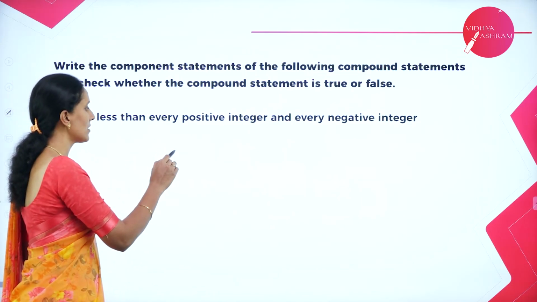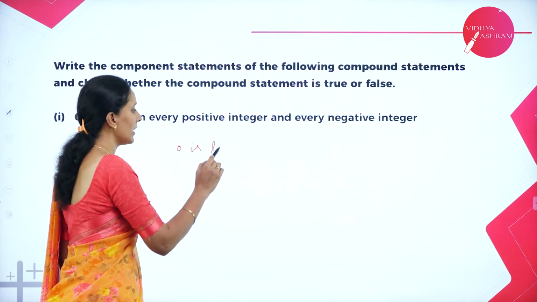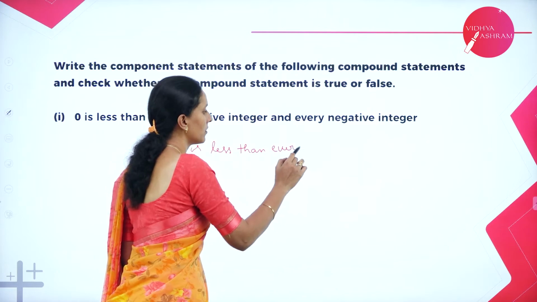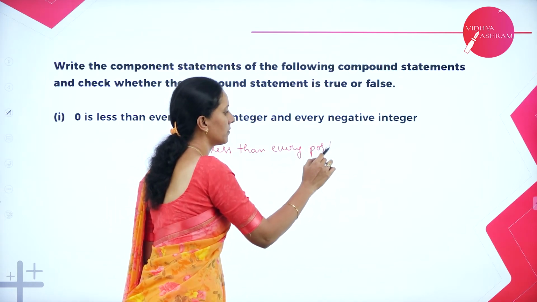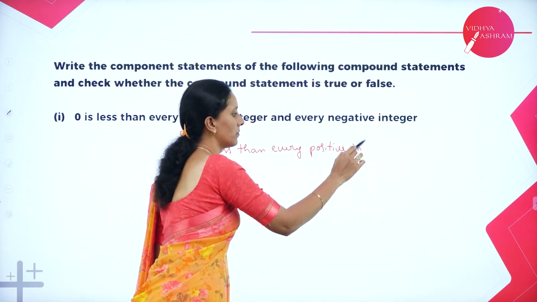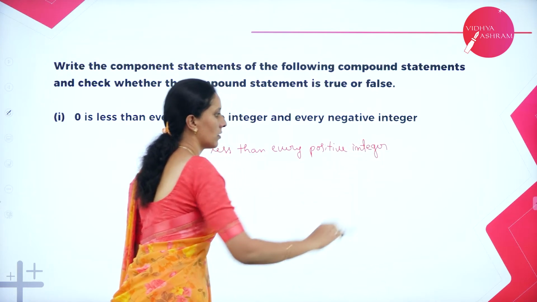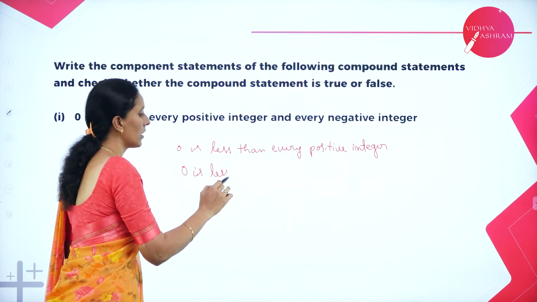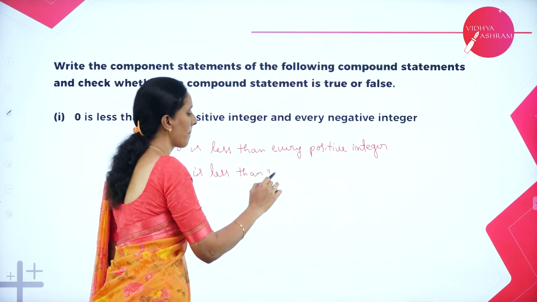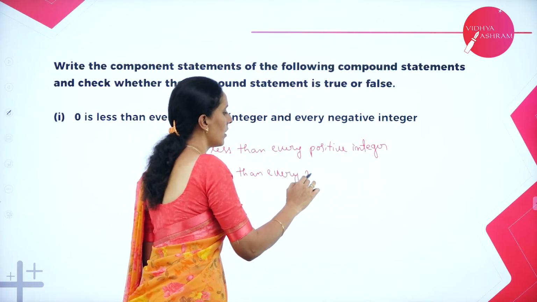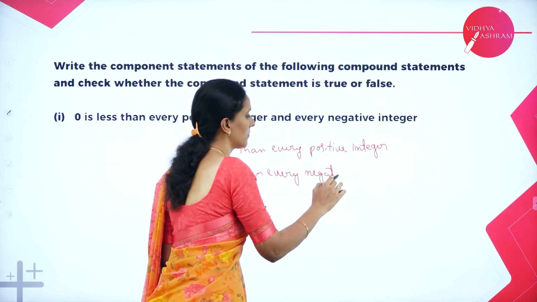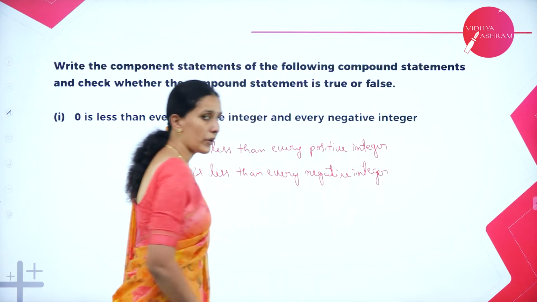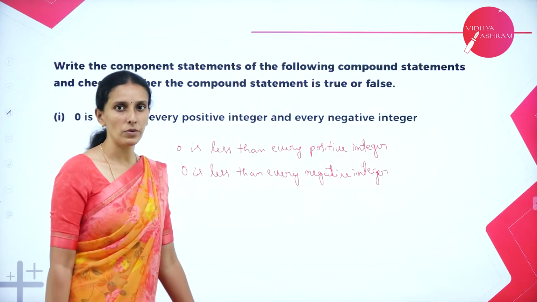We can write it as 0 is less than every positive integer. Next, we can write it as 0 is less than every negative integer. So these are the two component statements from the compound statement.